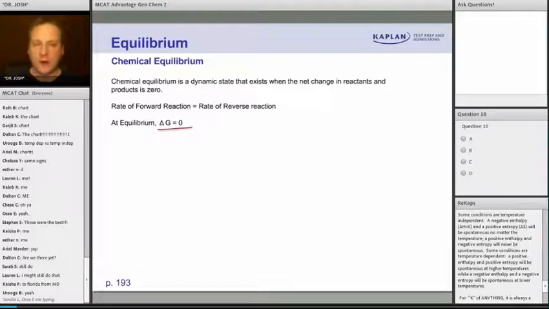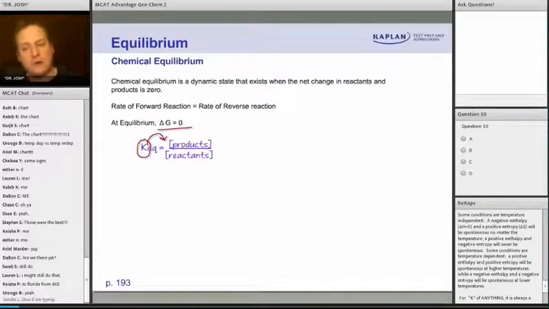However, just like a road trip, you're not always going to be at the hotel relaxing. Sometimes you're driving toward it, sometimes you went too far and had to turn around and go back. And so when we're looking at a reaction, it's important to remember that capital K equilibrium is always just going to be the concentration of products over the concentration of reactants at equilibrium.